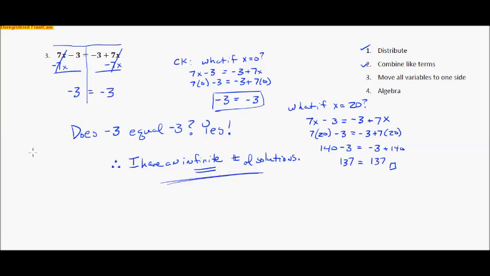So now we have 3 possibilities. This is the main gist of this video: we have 3 possibilities for an equation. Hopefully I'm going to spell this right. Possibilities. I'm trying to talk and write at the same time. Okay, so I could have one solution, just one solution to an equation.